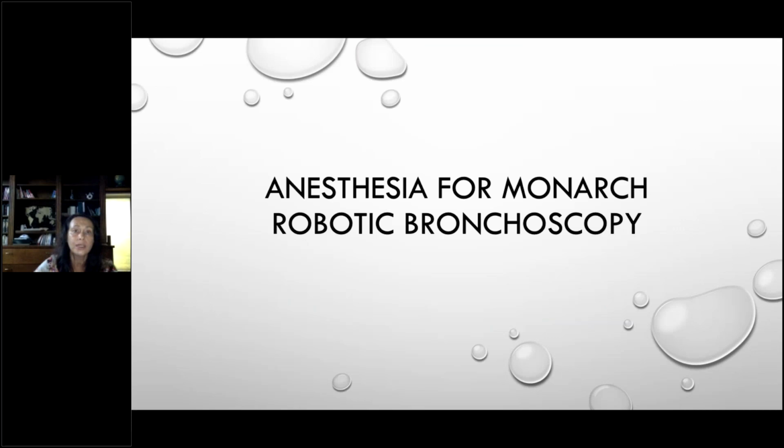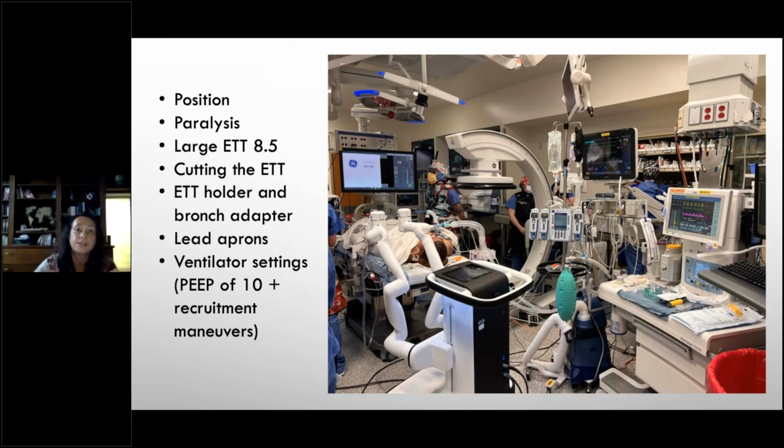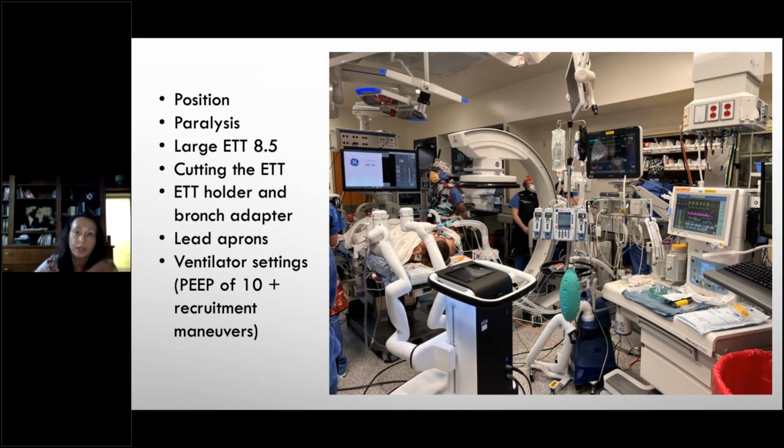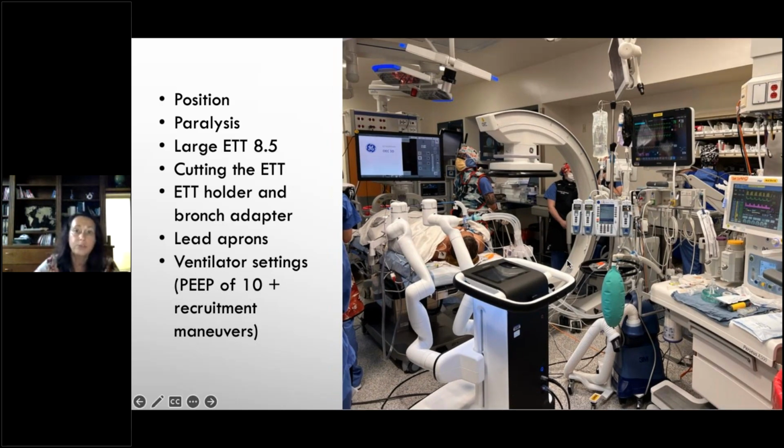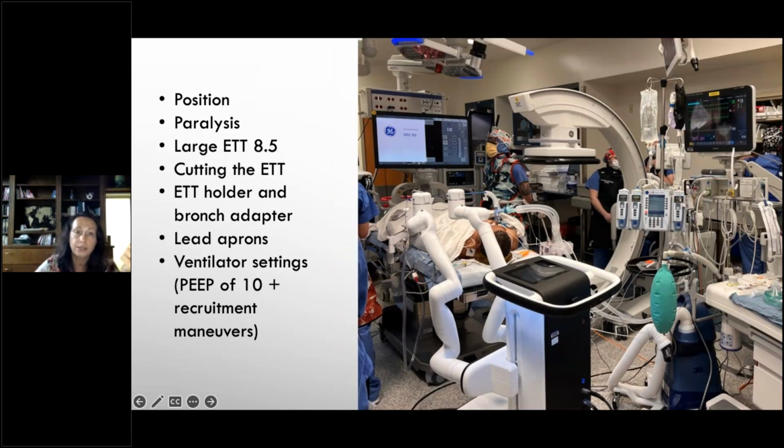That's a quick mention of the robotic bronchoscopy here. I don't know how many of you do that, but there are several anesthesia difficulties implicated in this procedure. Again, this reminds me of the same picture for the rigid bronchoscope, so there's really no room for anesthesiologists in here. The patients have to be intubated with a large size endotracheal tube.